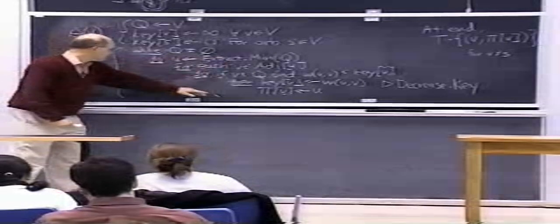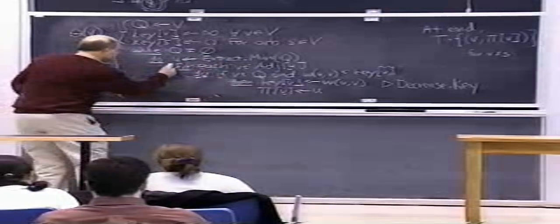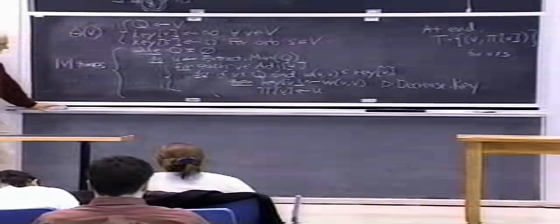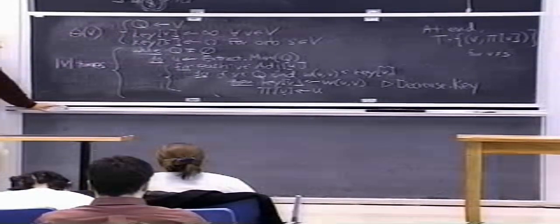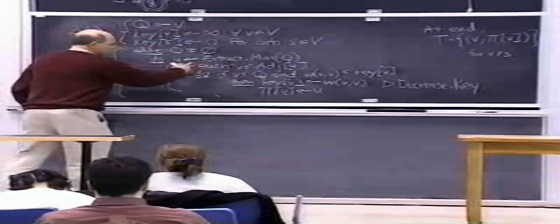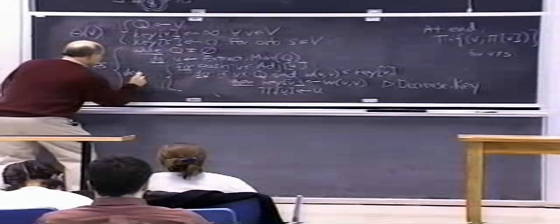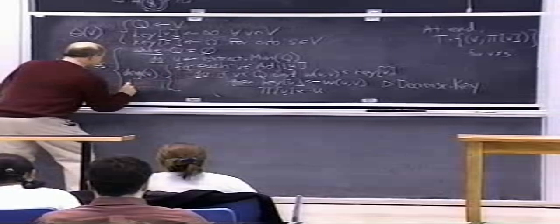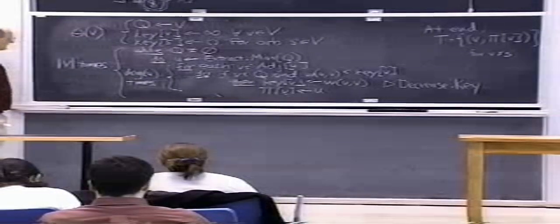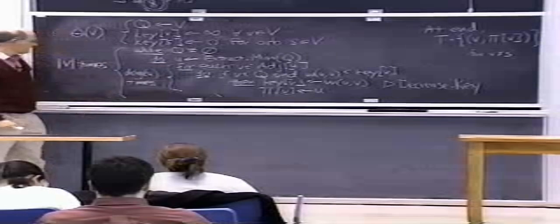And then in here, I have another for loop. How many times do I execute this for loop? The degree of U, right? So this is going to be executed the degree of U times.